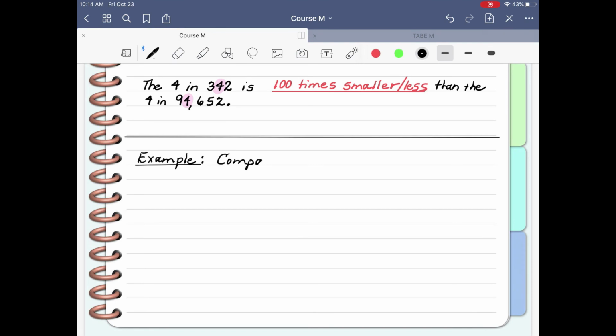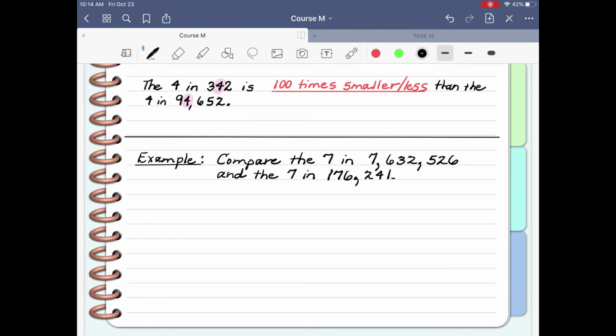Let's say compare the 7 in 7,632,526, and the 7 in 176,241.